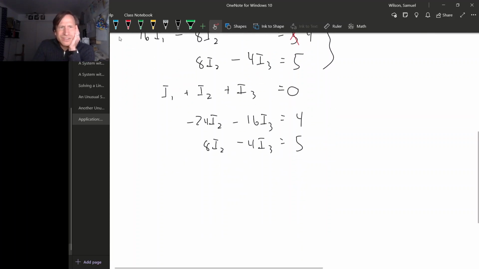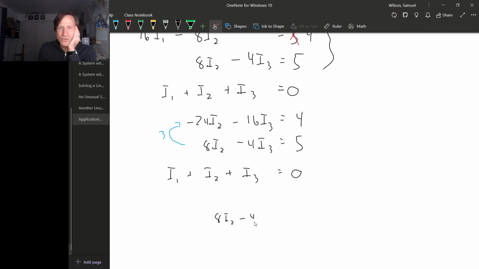All right, now just to not have to deal with so many fractions, rather than using the second equation to eliminate the I2 in the third equation, I'm going to do it the other way around. So let's take 3 times the third equation and add it to the second equation. So I1 plus I2 plus I3 equals 0. The third equation I'm leaving alone, so 8I2 minus 4I3 equals 5.